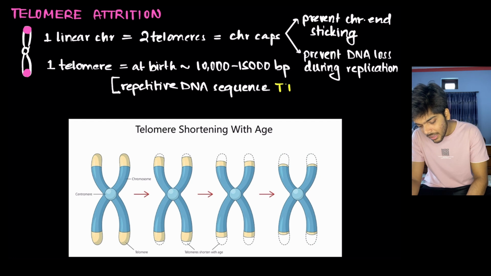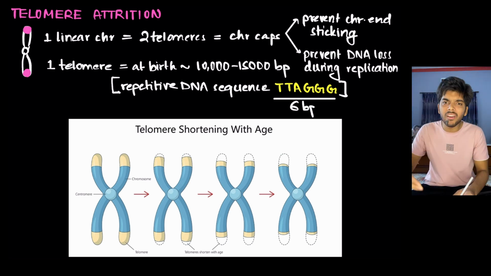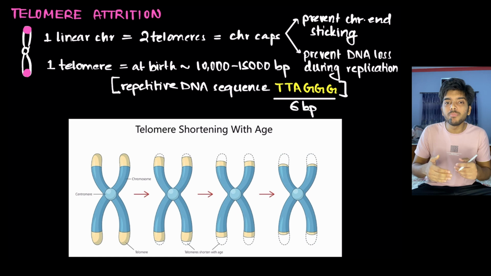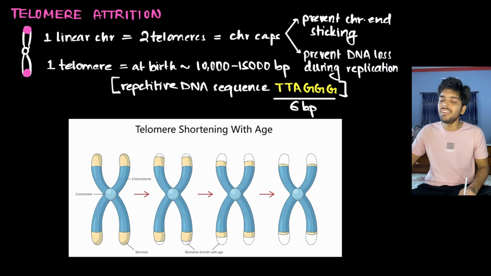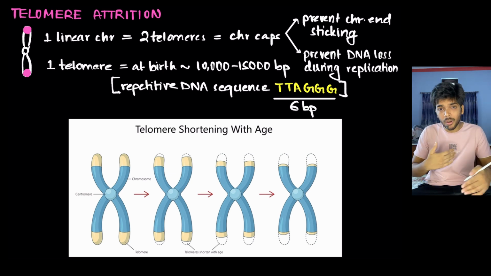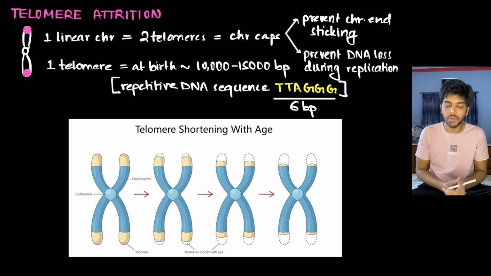T, T, A, G, G, G. So there is a frequent repetition of these 6 base pairs again and again, till the number becomes 10,000 to 15,000. This is at the time of birth. So you have TTAGGG, TTAGGG, again and again, till the number is around 10,000 to 15,000 base pairs.